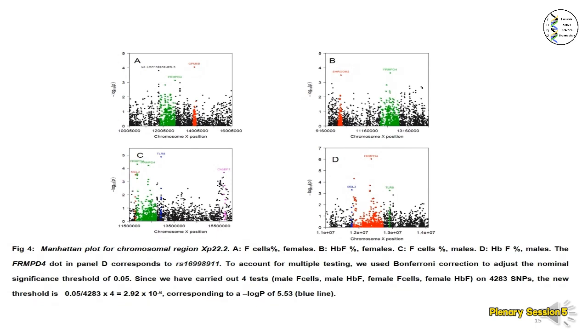However, a signal that reached the threshold of GWAS significance, which is 10 to the power of -6, was confirmed in males for HbF percentages against RS16998911, and this was the only signal amongst the 4 stated previously to have reached the criteria of significance.